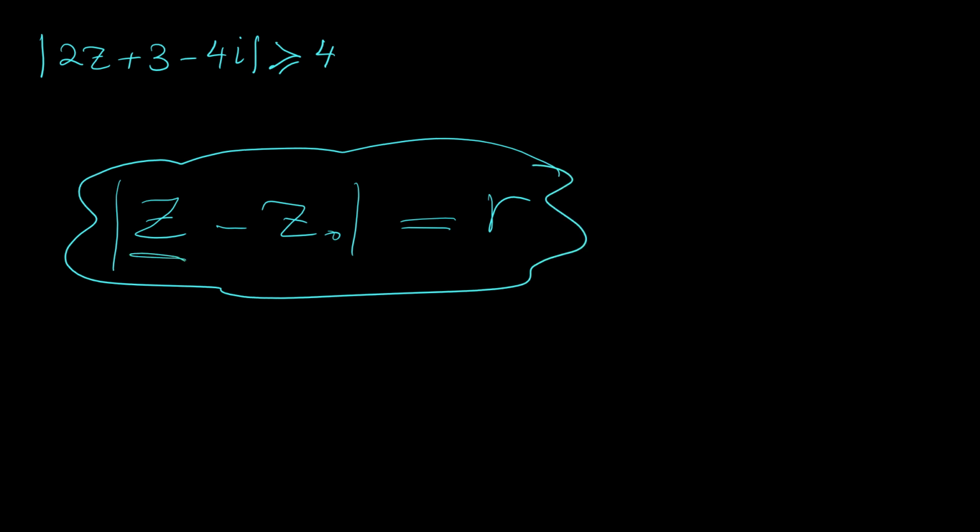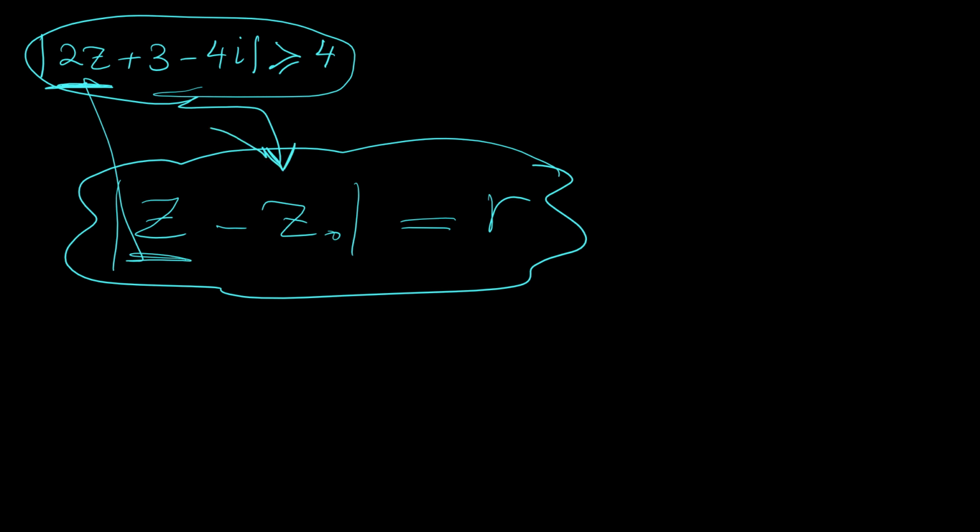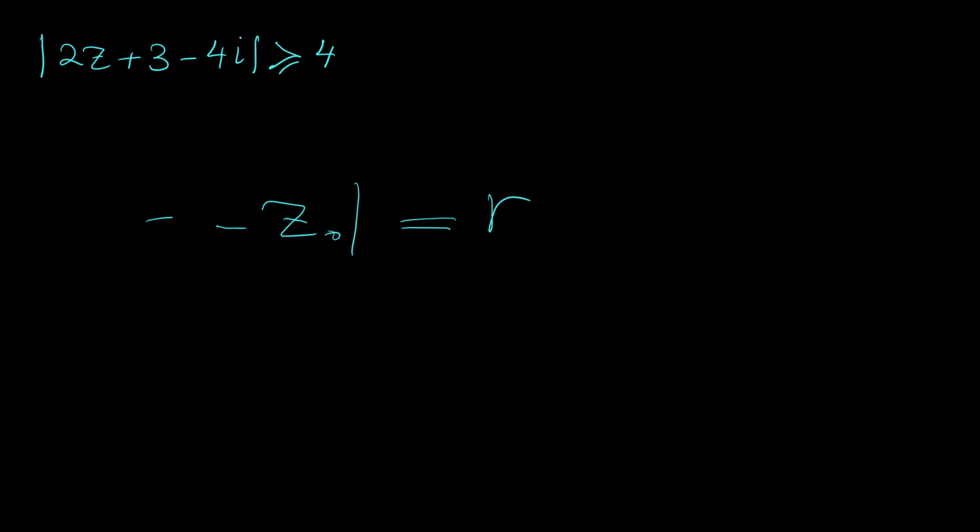In this equation we have z, but here it is 2z. So immediately we notice that to make this similar to this, we have to get rid of this 2 here. How? Simply divide the left side and right side by 2 to make 2z equal to z, to get rid of that 2 here.